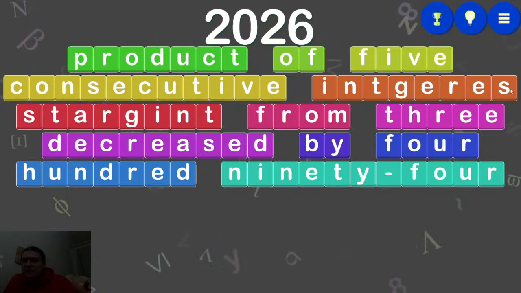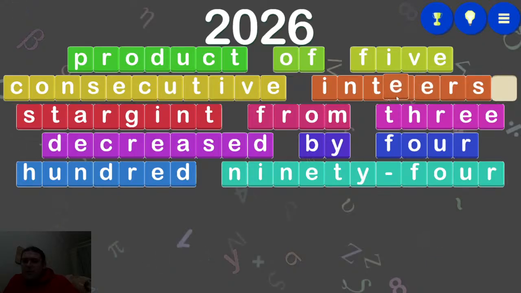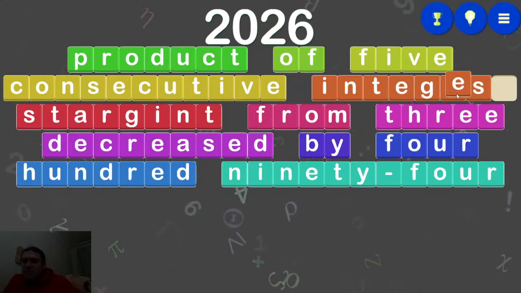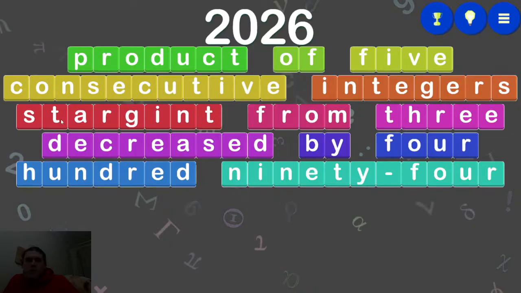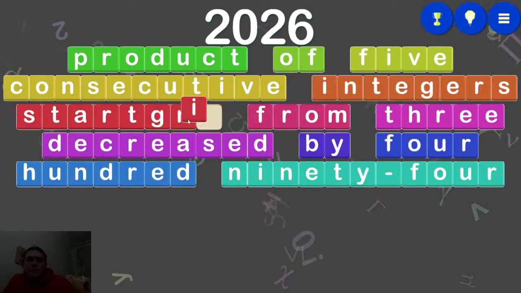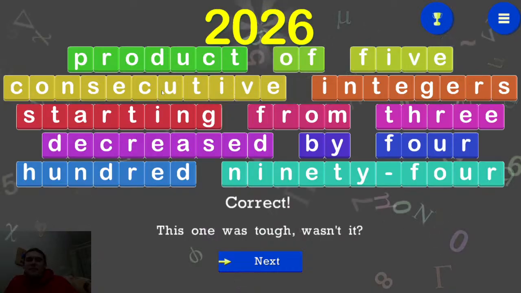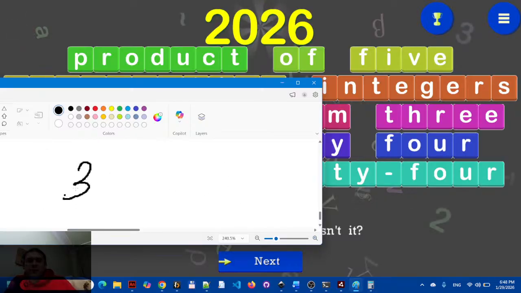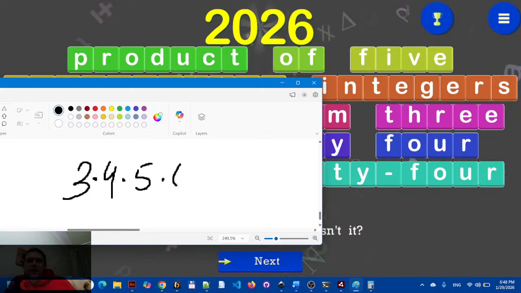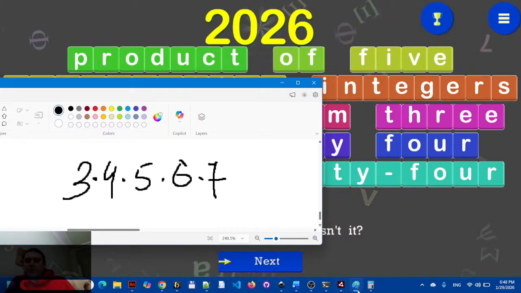Integers, another E. Integers starting from 3, decreased by 494. So what are 5 consecutive integers starting from 3? It is 3 times 4 times 5 times 6 times 7. Yeah? It is the product of 5 consecutive integers.